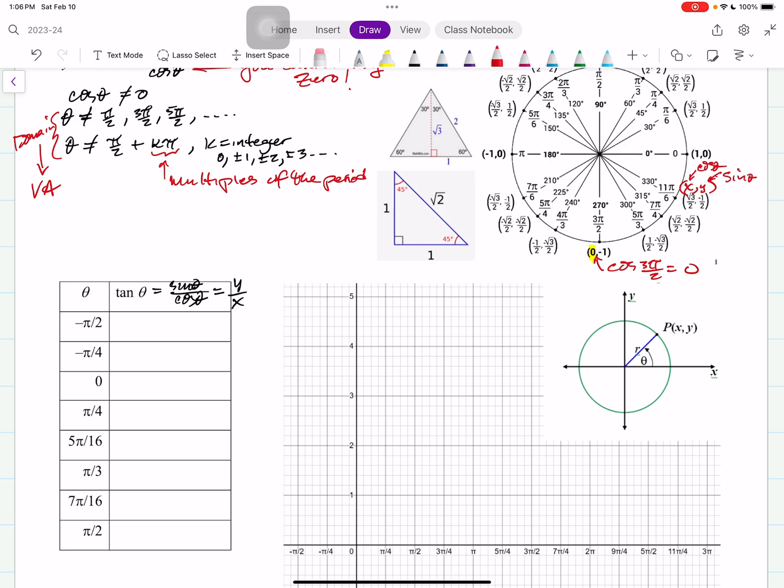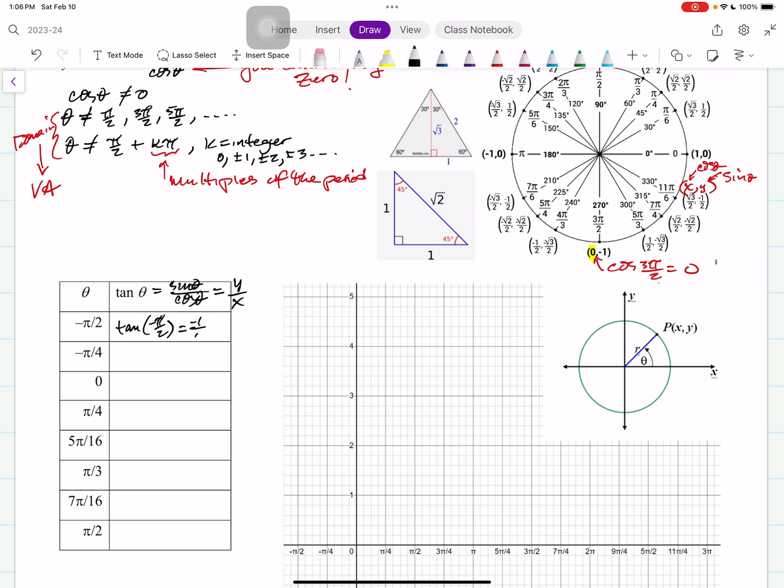All right, so there's two ways to evaluate these functions at these angles. So let's get some experience here. So the tangent of negative pi halves, well, that's down here. Negative pi halves, that's a clockwise rotation. That's coterminal with 3 pi halves. And the y divided by x ratio is negative 1 divided by 0.